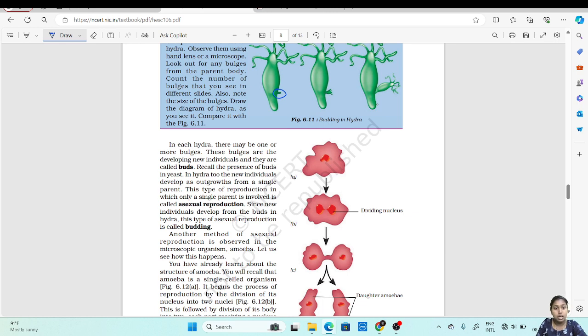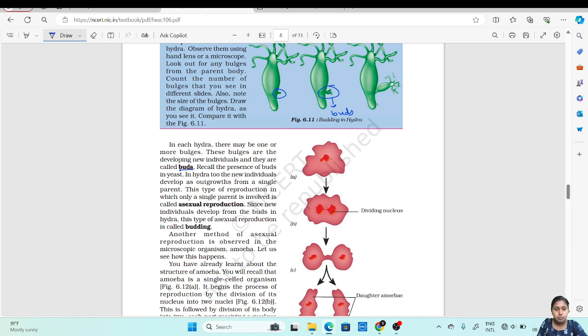These bulges are developing new individuals and they are called buds. These bulges which come out of the hydra are known as buds, and these are the new ones, or the babies of hydra, we can say.